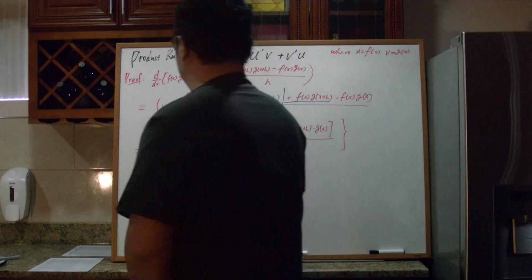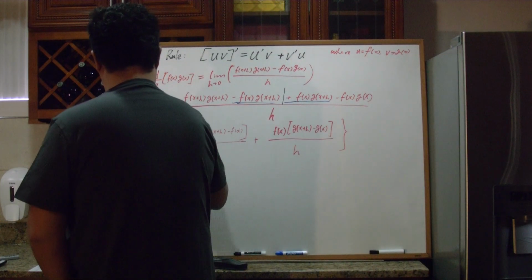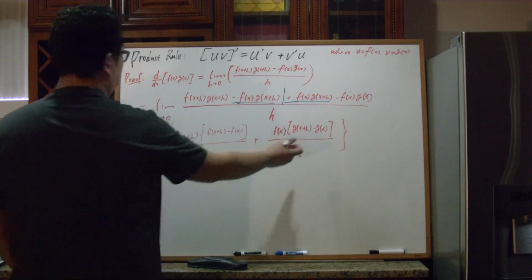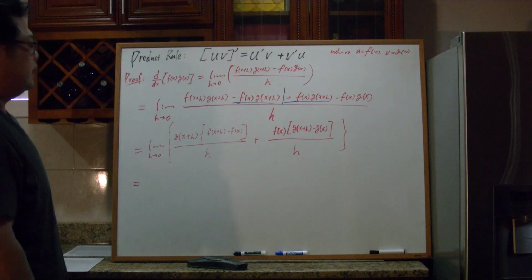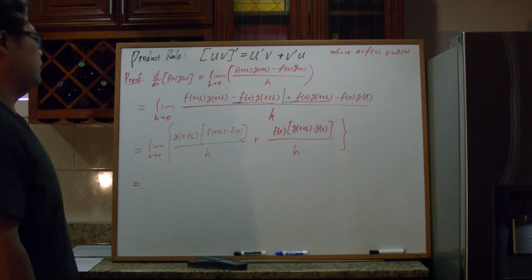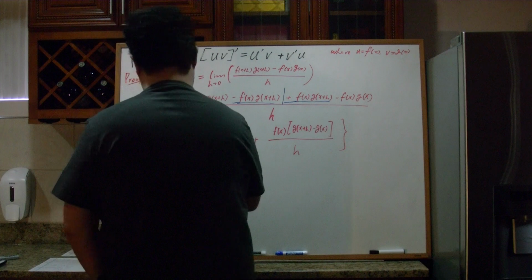Then afterwards, we are able to separate into two limits, since that's two expressions. If the limit exists, then both of them can be separated.